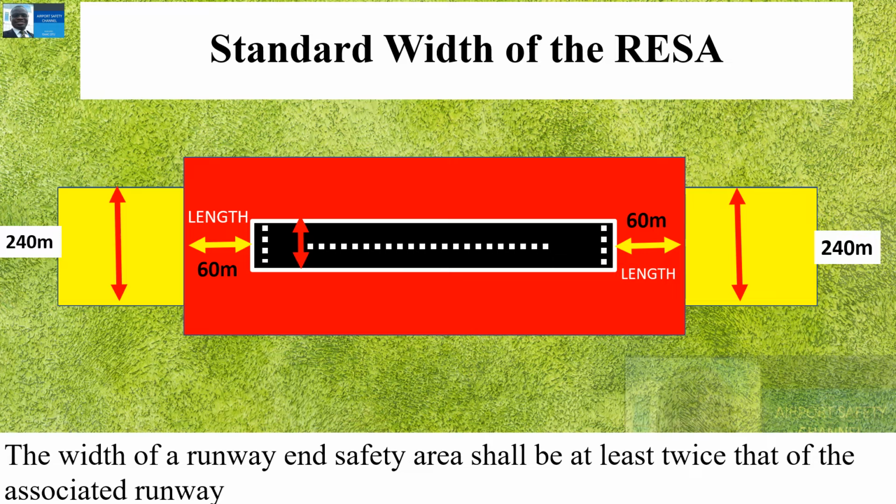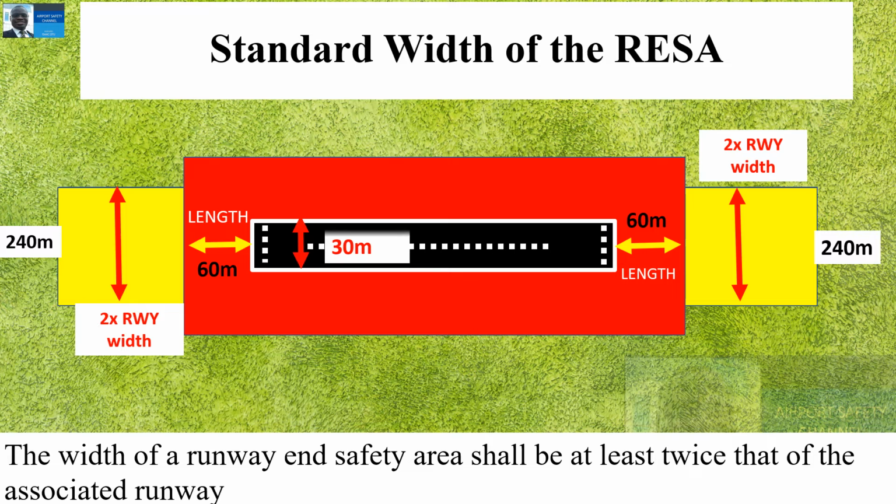Therefore, the width of the runway determines the width of the RESA. Let's look at this example. If the width of the runway is 30 meters, then the width of the runway end safety area shall be 60 meters.